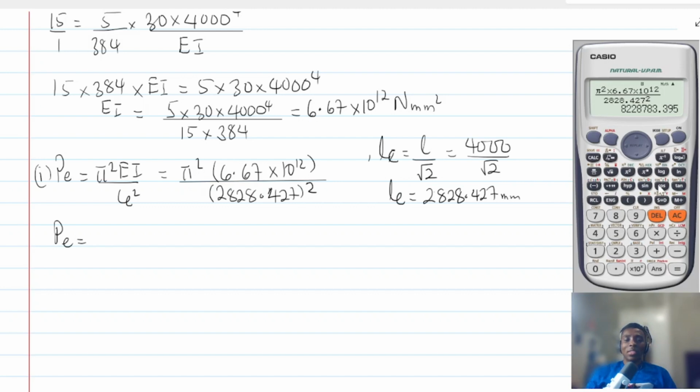So that's the Euler load for you, and that's essentially what you get.